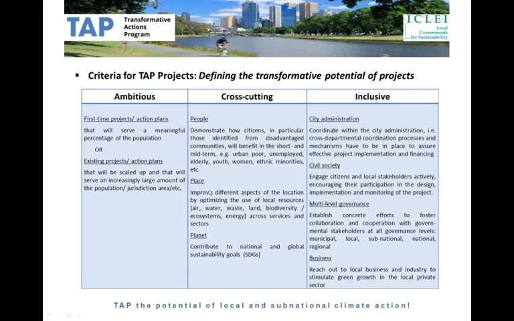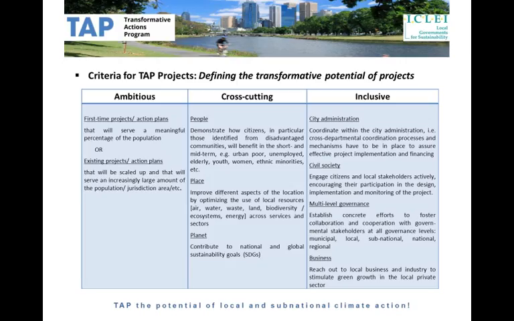Regarding the cross-cutting criteria, we will look at how different communities will benefit from the project, how different types of resources will benefit as well in terms of management, so sustainable energy, air quality, land use, etc. And how the projects will contribute to other subnational and national and global sustainability goals.